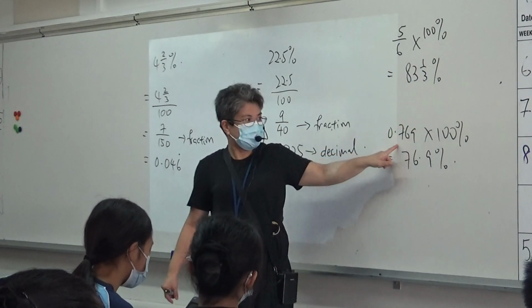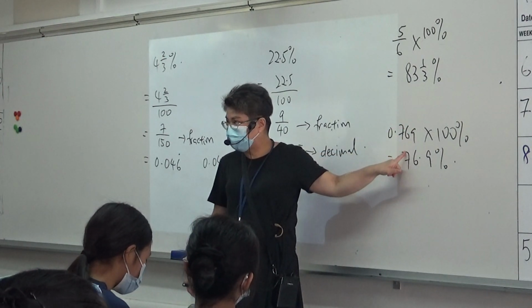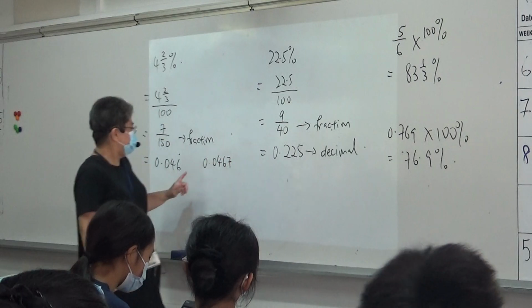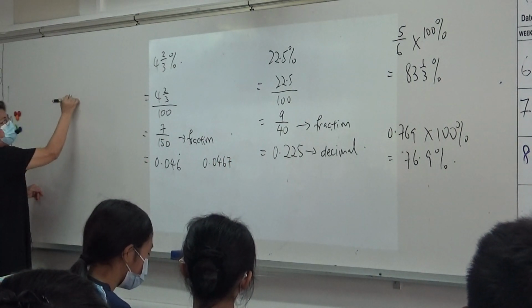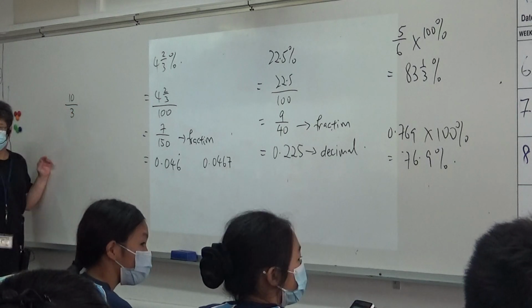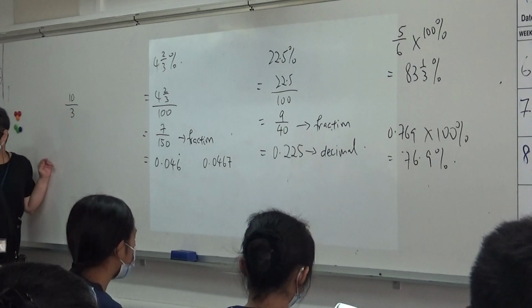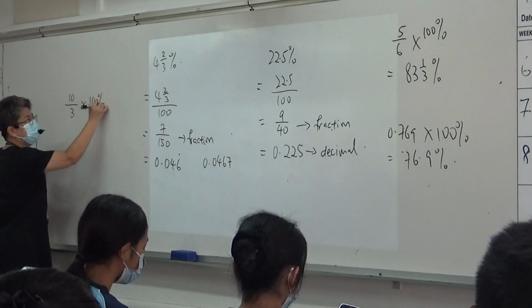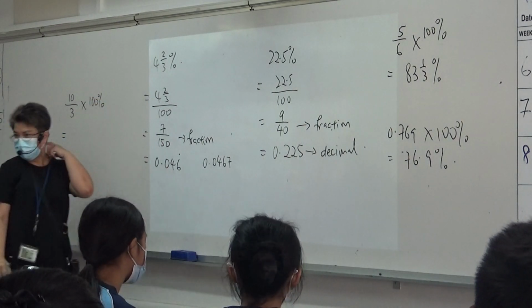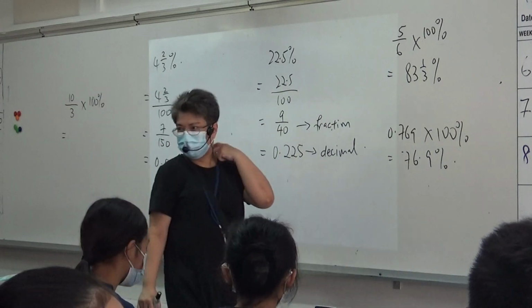Look at this, it's less than 1, it's less than 100%, right? If the number here is more than 1, for example, I have 10 over 3, this is confirmed more than 1, right? I want to change to percentage, I times 100%. Can you multiply for me? How much is this?